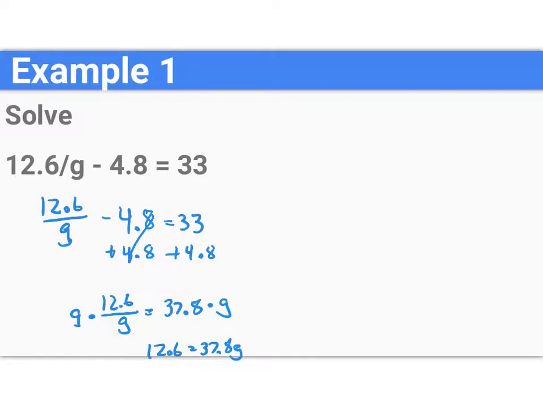So now we get 12.6 divided by 37.8, and g equals 0.3 repeating, which equals 1/3. So I can leave these as fractions and or as decimals, and you get the same thing.